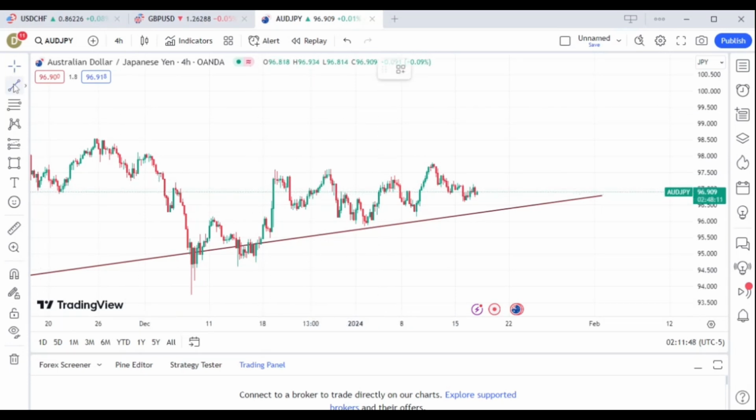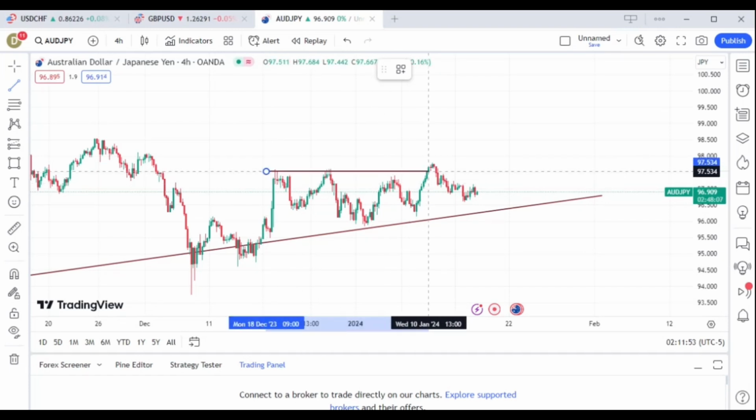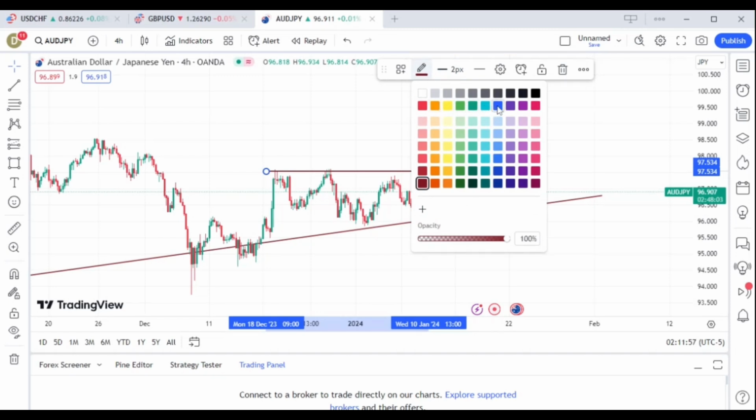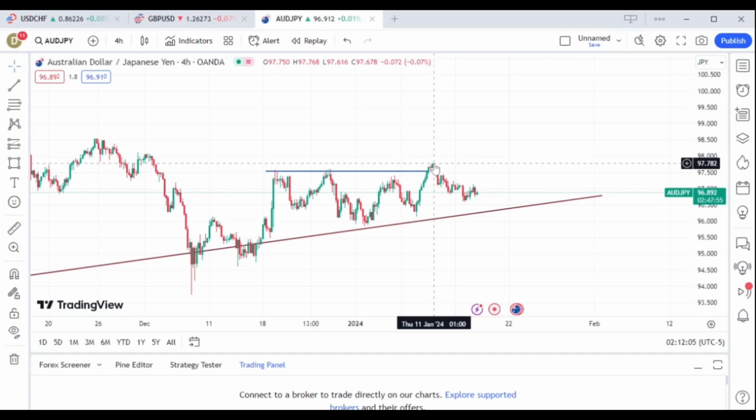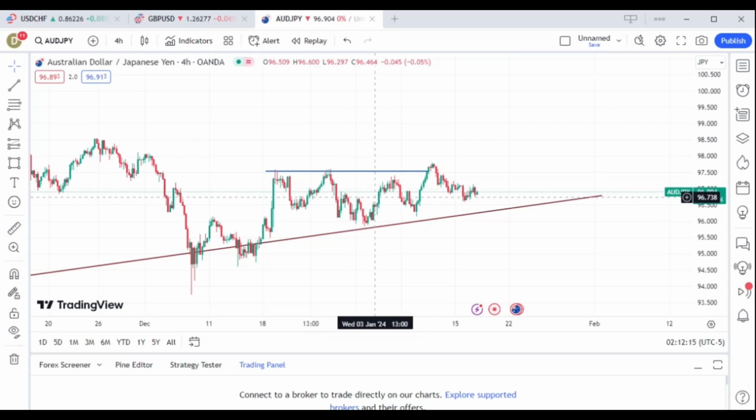Now, if you look at this place, you see that price was this high here. Let me change this to blue so we don't confuse ourselves. Price was this high here, and then took it out with this other high here. And inside this place, price took out this structure here, or first, price took out this one here, gave us this low here, took out this one.